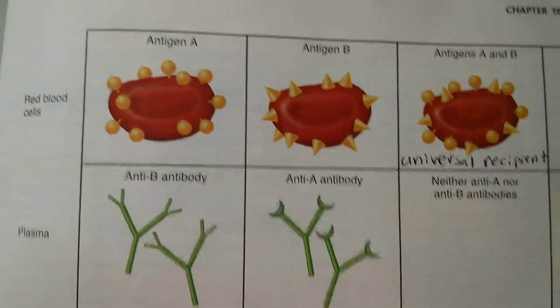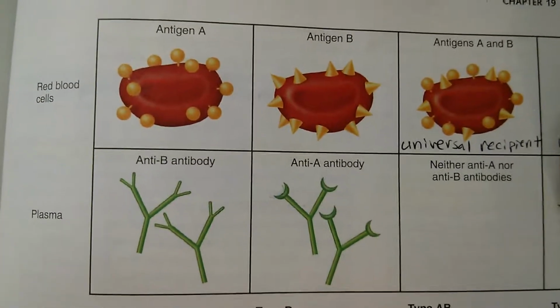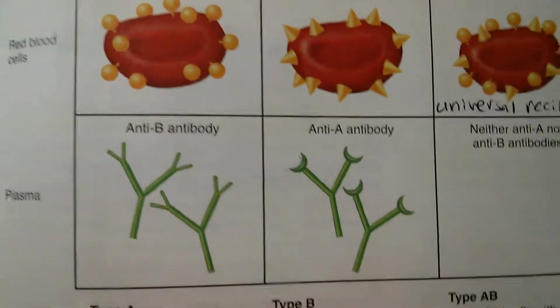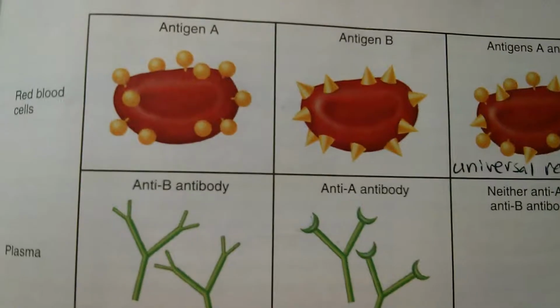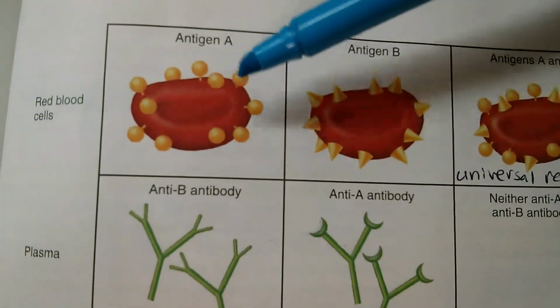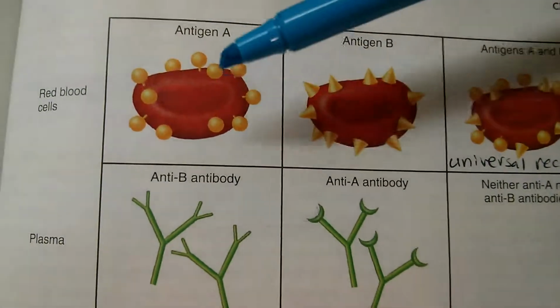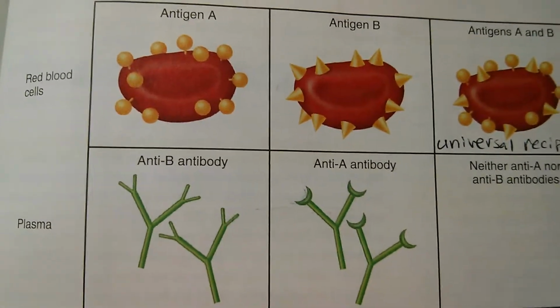So this is why it's important when we donate blood to donate to someone who would receive the same type of blood. If you're type A, you want to be receiving from another type A so that your antibodies won't attack it. It will see more circles and be like, okay, cool, these are our antigens and this is fine.